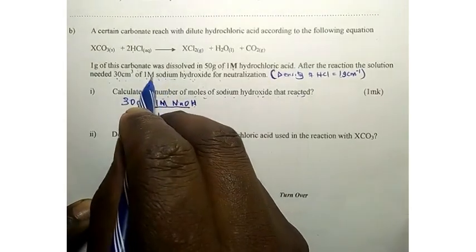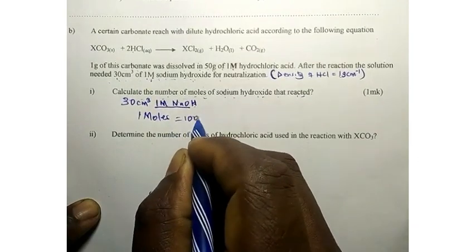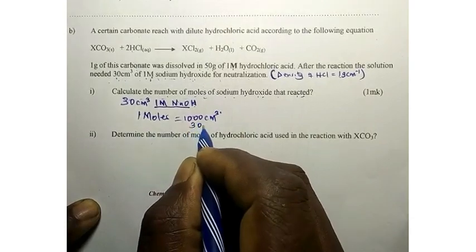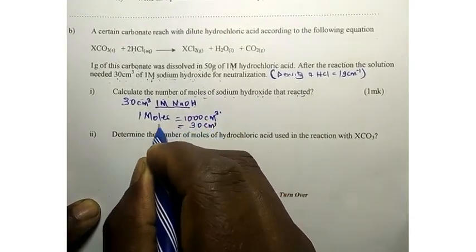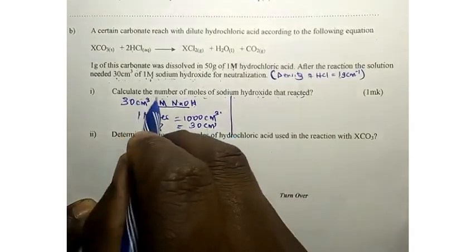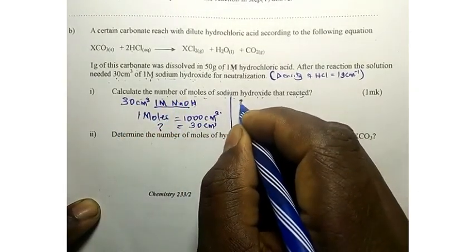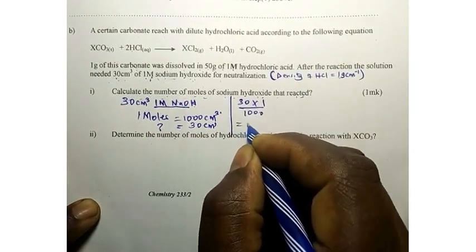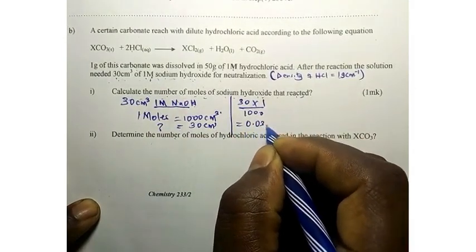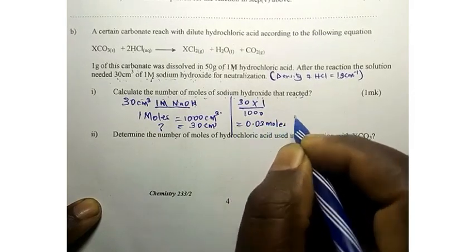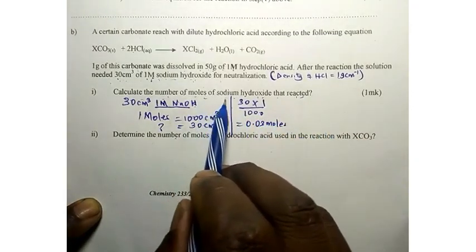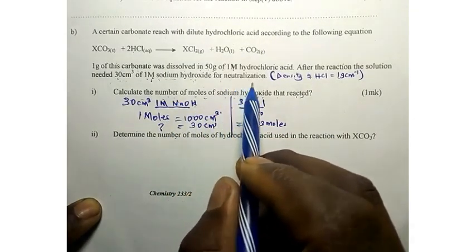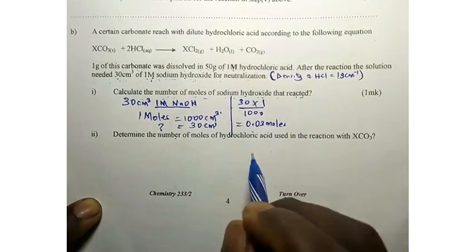So it means that this one is in 1,000 centimeters cube. We will find out 30 centimeters cube will contain how many moles, because that's what we want to calculate. So that is 30 times 1, we divide by 1,000, and that one will give us 0.03 moles. So the number of moles of sodium hydroxide that reacted with excess HCl is 0.03. It is very important to know that.